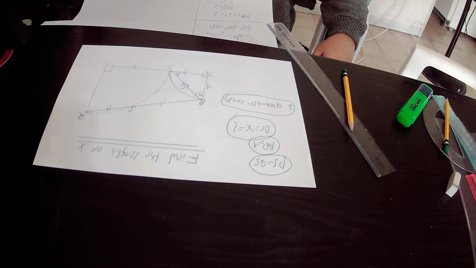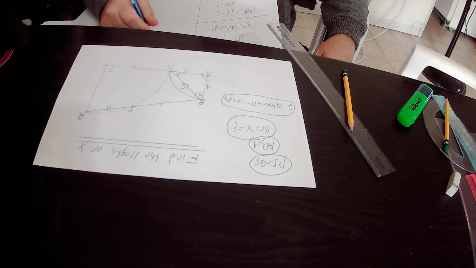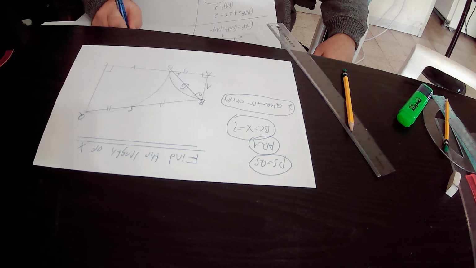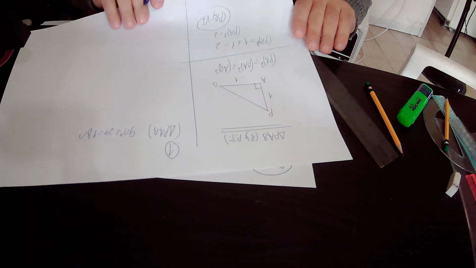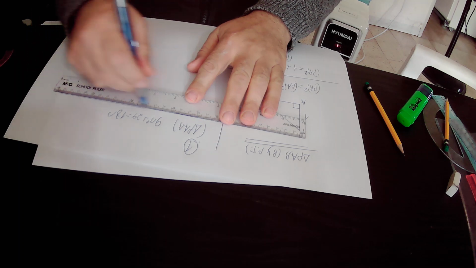So we have this angle that is equal to 90 degrees plus alpha plus alpha, that is 2 alpha. In total, they must be equal to 180 degrees. So 90 degrees plus 2 alpha equals 180 degrees.